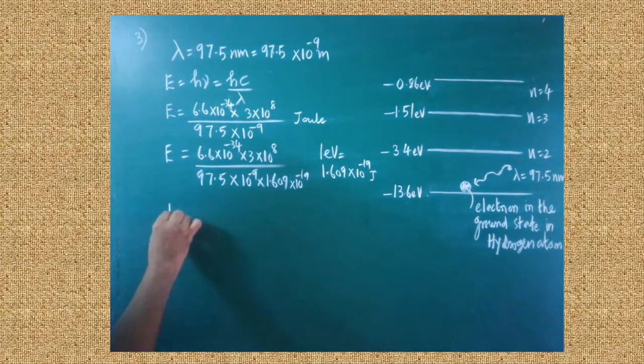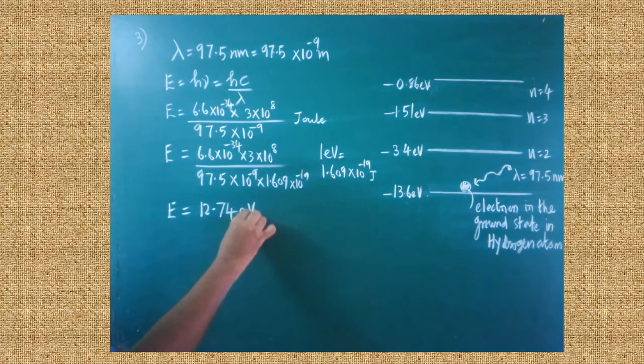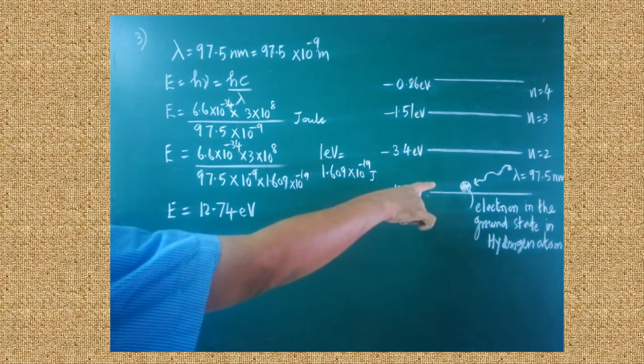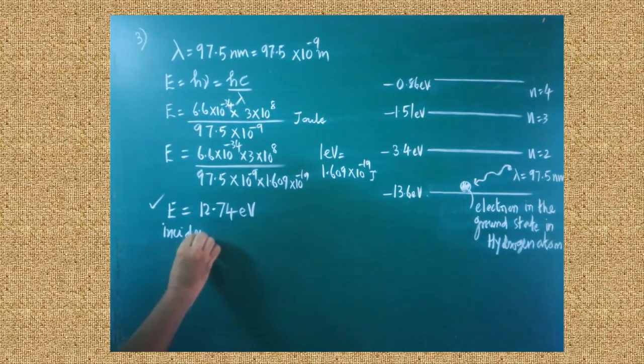The final answer you will obtain in terms of electron volt: 12.74 electron volt. So this is the energy of the incident radiation.